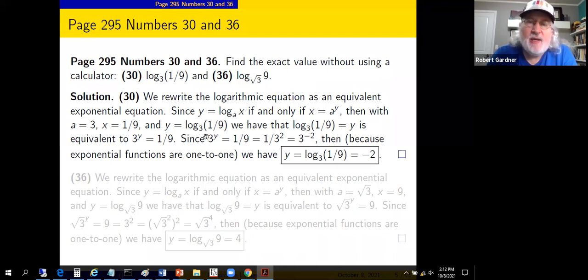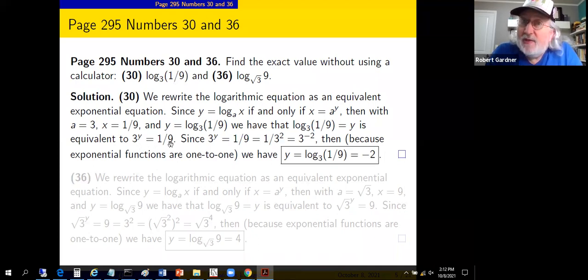Y equals log base 3 of 1/9 can then be rewritten as 3 to the y equals 1/9. Base is 3, exponent is the log, which we don't know. And in that exponentiation, we get x out. X equals a to the y, so we get the 1/9 out.